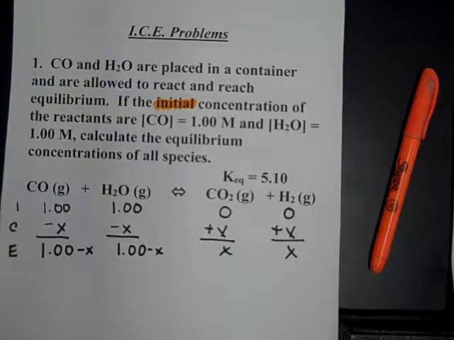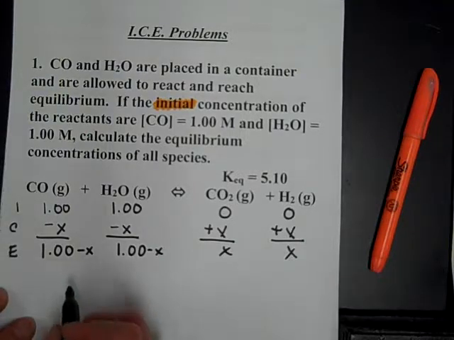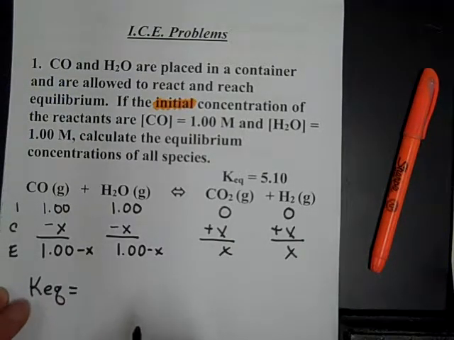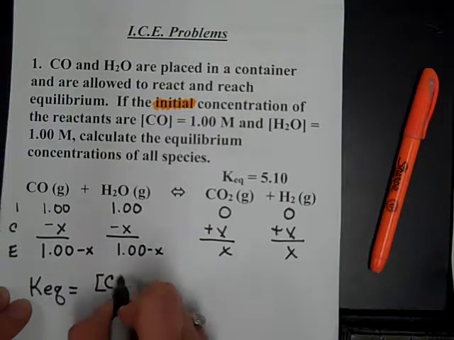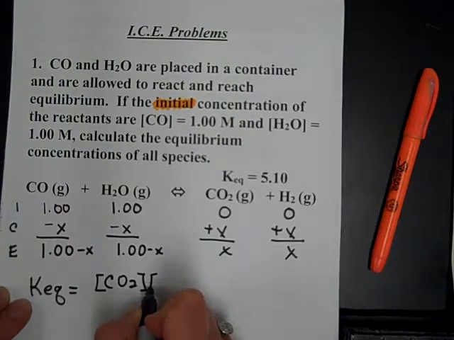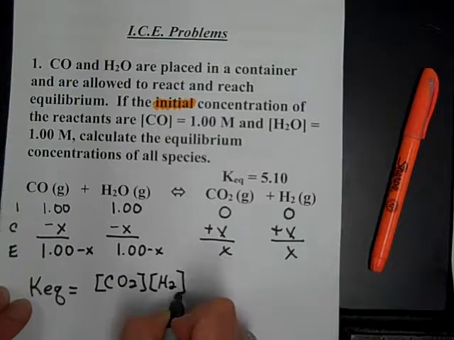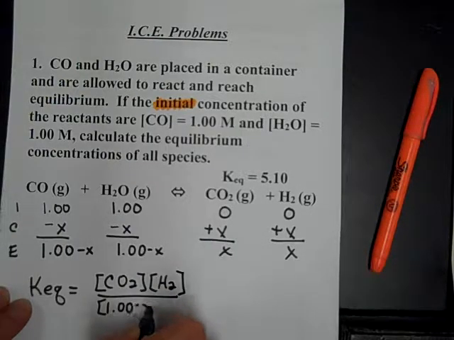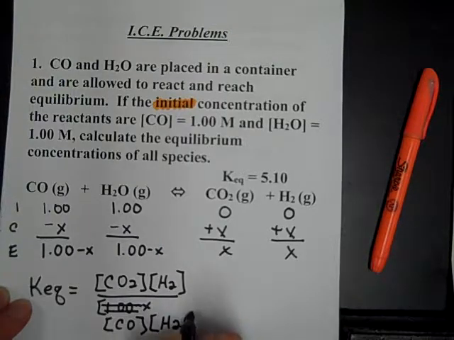The next part of it is really just the algebra part of it. So what we're going to do is set up the equilibrium expression. I'll write the whole equilibrium expression out just so that you could review. So KEQ is equal to the concentration of the products over the concentration of the reactants raised to the power, we'll put on the bottom here CO and H2O.